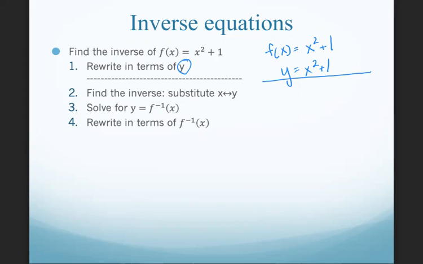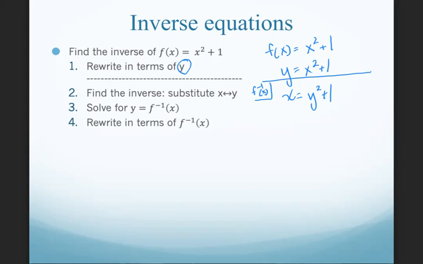As soon as I switch my x and y, x equals y squared plus 1, this is now f inverse of x. So I want some visual indication, whether it's a line across the page or starting in a new column, using a different color, some visual indication that this is now a new function. I should say a new relation. I don't know that this is going to be a function.